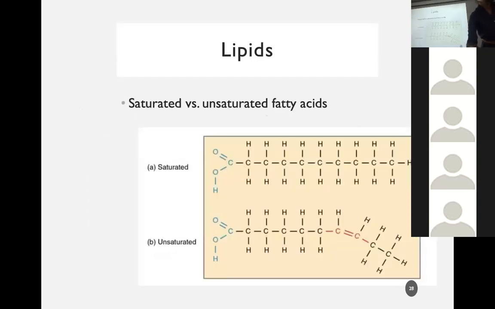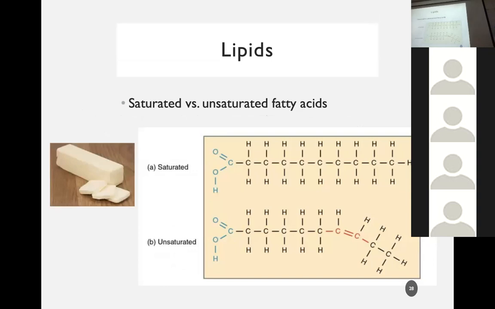We can talk really quickly about saturated versus unsaturated fatty acids. You've heard of saturated and unsaturated fats, right? Do you know which one is supposed to be less healthy? Saturated, yep. Saturated fats are not as good for you, and I'll talk about this again since we're almost at the end of class.